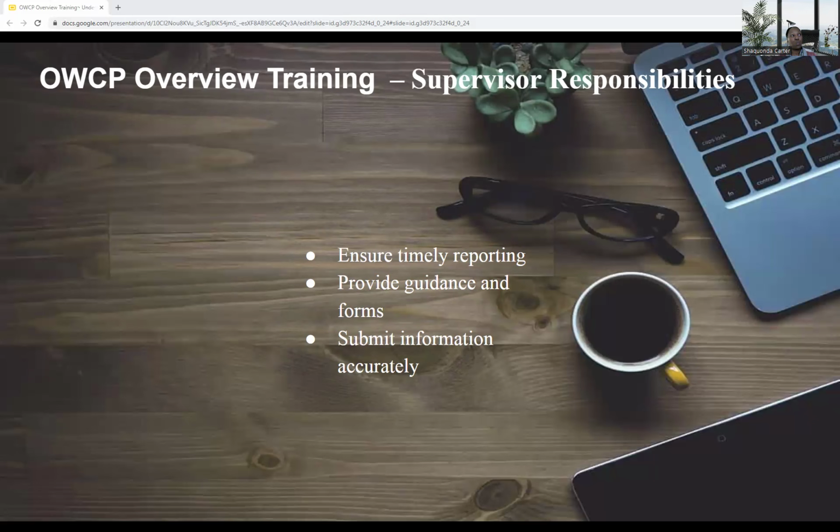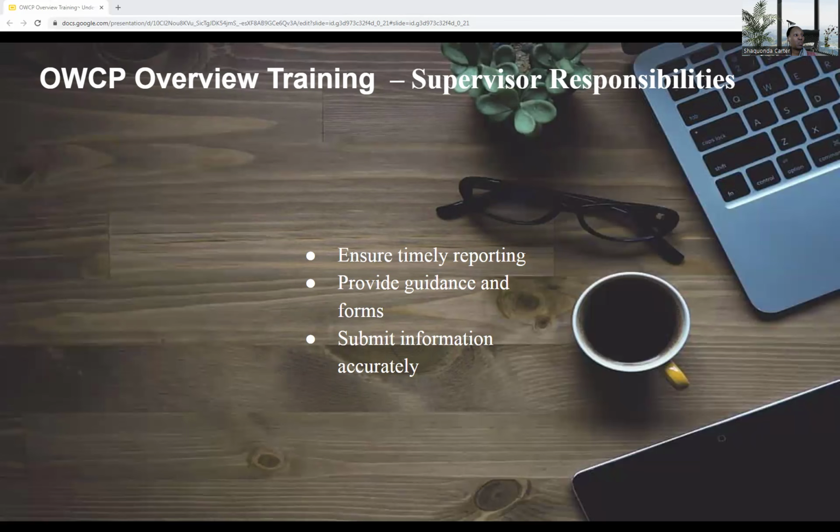For the supervisor, the responsibility is to ensure timely reporting, to make sure that once the employee has filled out that form, it is reported in a timely manner, and to also provide guidance and any additional forms that need to be submitted.